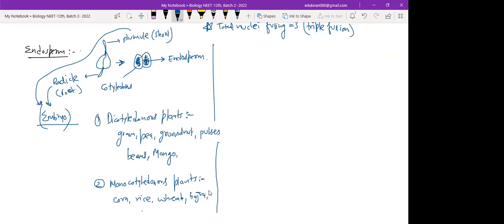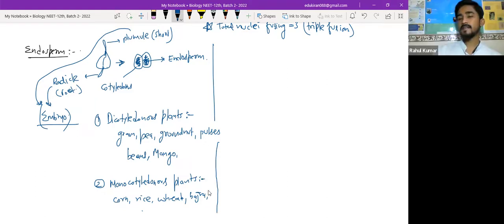Now, rice and wheat are good sources of starch, right? Because their endosperm is not utilized completely when the embryo is developing. So their seeds, like rice seed, still have lots of starch and lots of endosperm present. But some seeds like pulses, dal, is a good source of protein, not carbohydrate, right?